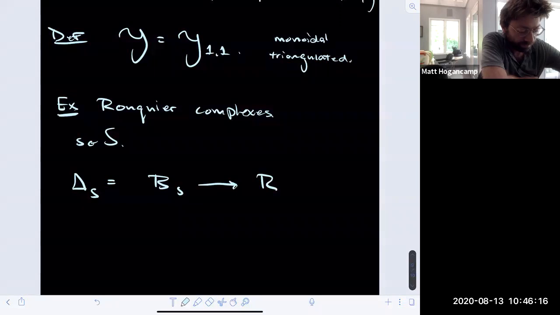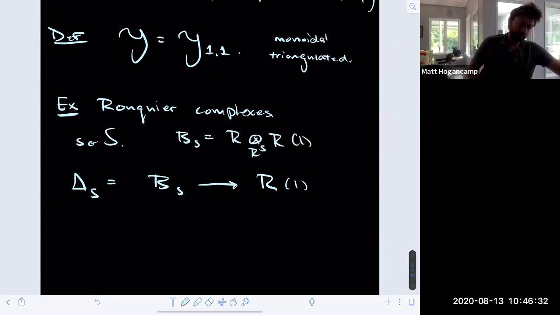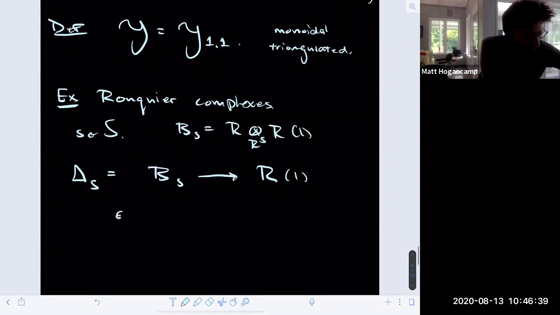But if I were to not ignore grading shifts, I might put a grading shift here, where BS is notation for this bimodule, as usual. So that's the usual complex of Zergle bimodules associated to the simple reflection S. So this is living inside BE.